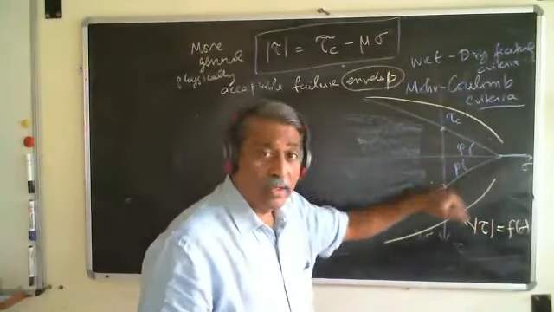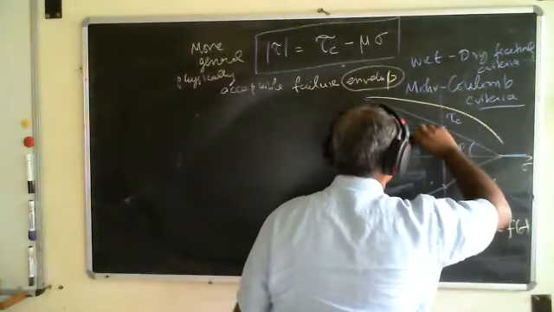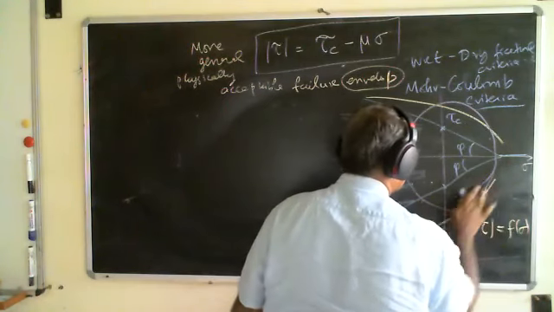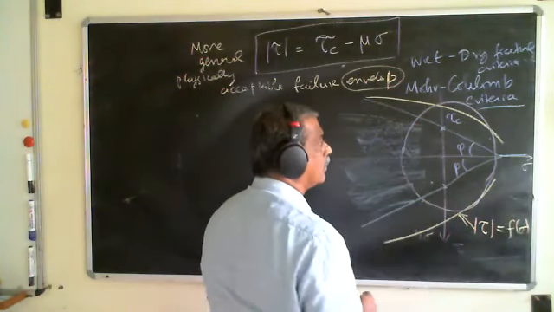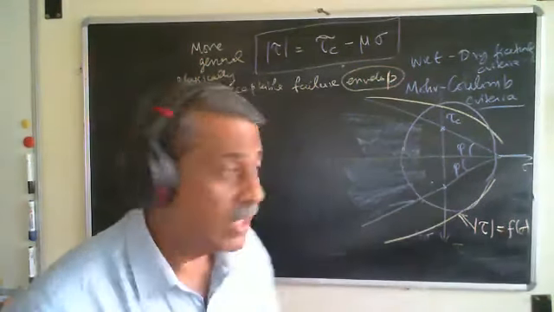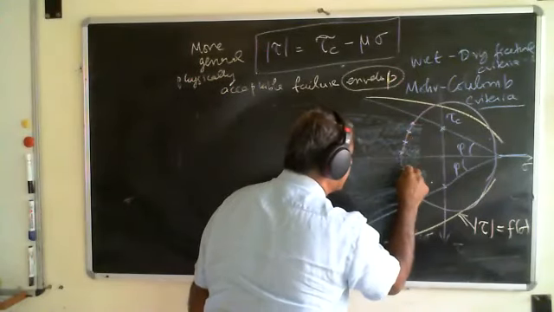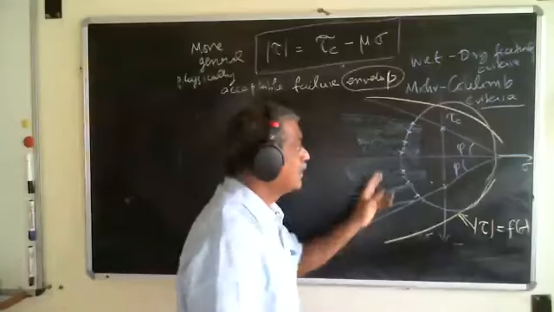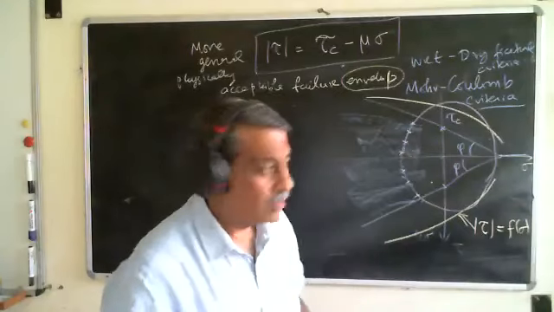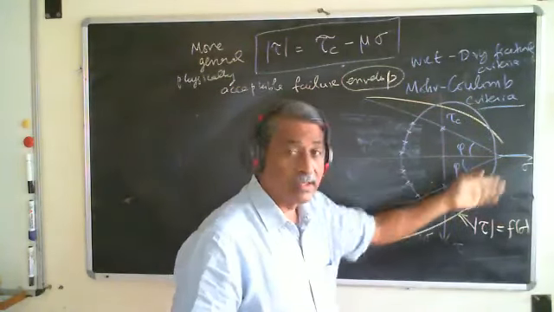One thing you can realize here is any Moore circle that cuts the envelope is automatically an unsafe Moore circle. One may ask, sir, these points are remaining inside. But remember, this entire circle has to do with one single stress state. It's a means of understanding that we have drawn this circle.